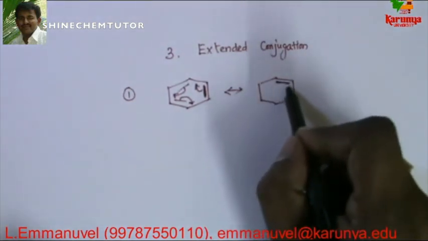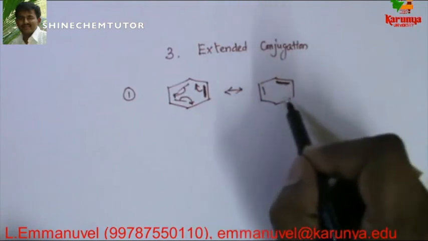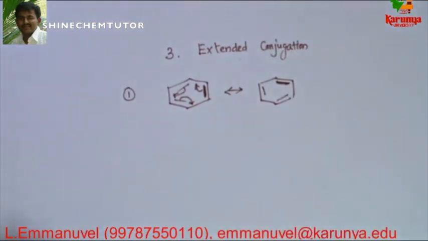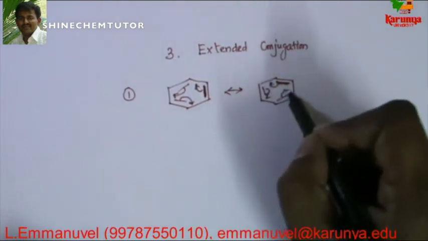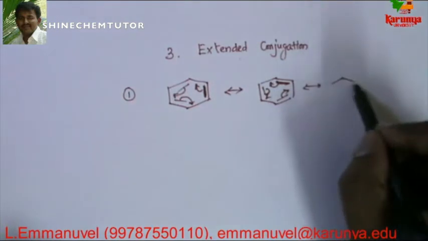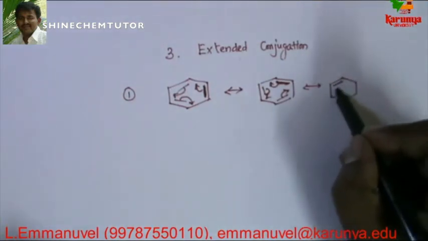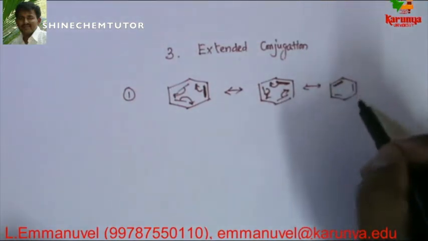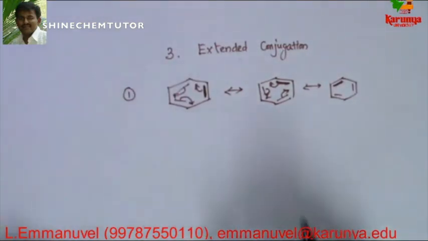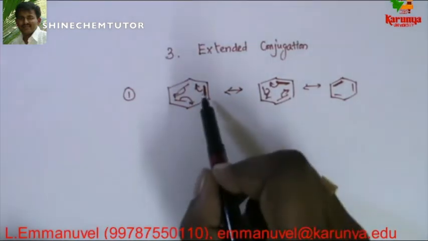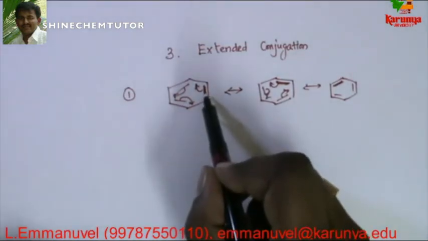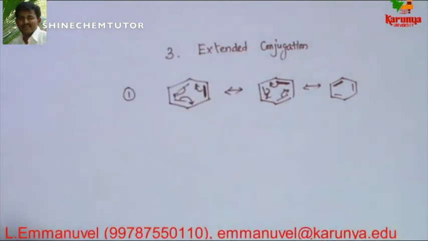The thick bond is here now. Then further I can go like this, and the thick bond will be here. If I compare all the resonance structures, this thick bond will delocalize on all the carbon atoms. So that is called extended conjugation.